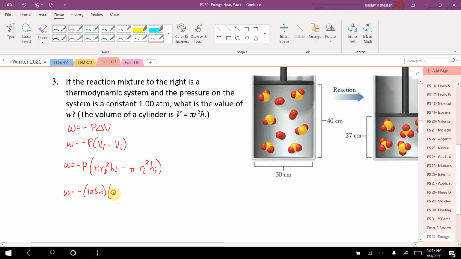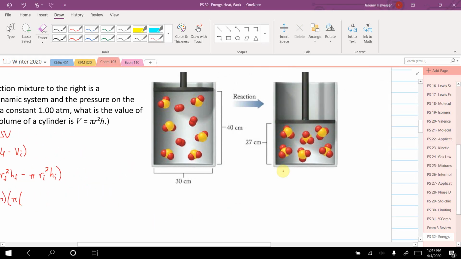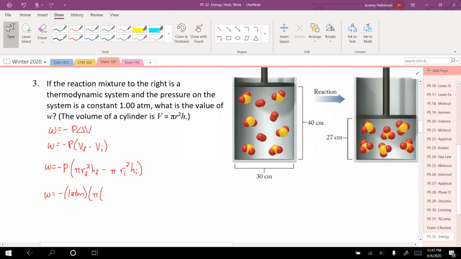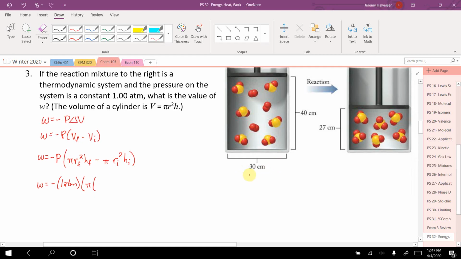Okay, now I have pi. My final radius, so radius isn't changing, so my final radius is 30 centimeters. I'm going to change these to meters, so this is 0.3 meters, 0.4 meters, 0.27 meters.